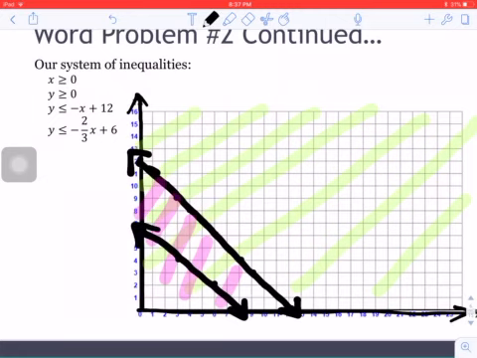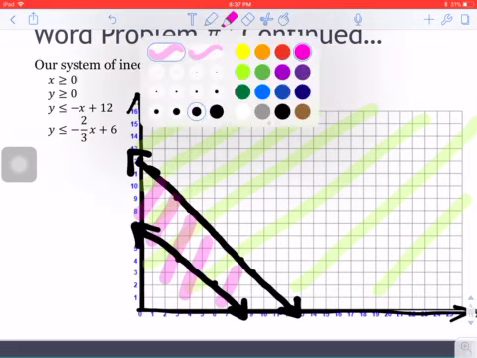And in this case, we actually don't have a very interesting region that ends up being shading because typically we would get something a little more odd shaped. Really, this turns into a triangle, which isn't all that fun. Not that I have anything against triangles, but it is what it is.